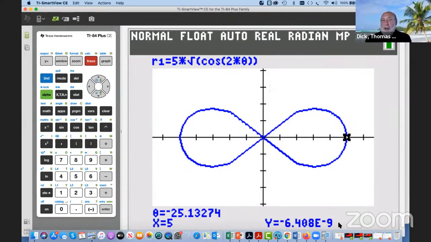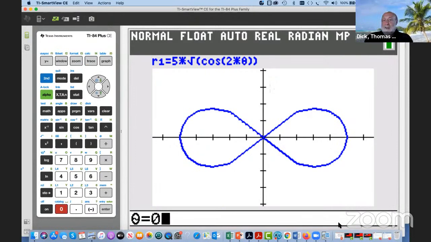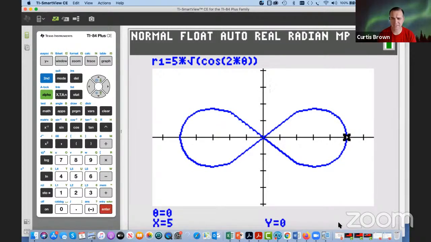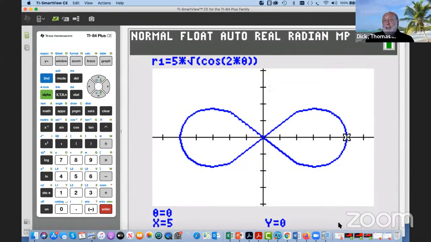Now I'm going to put theta in the middle, so let me put theta equals 0. That's a really nice handy thing, by the way, Tom, that you can just type it in and it understands you're going to give it an independent variable value, and it jumps to that. Now if we trace, as I hit the right arrow key, it's going to be marching through values of theta.